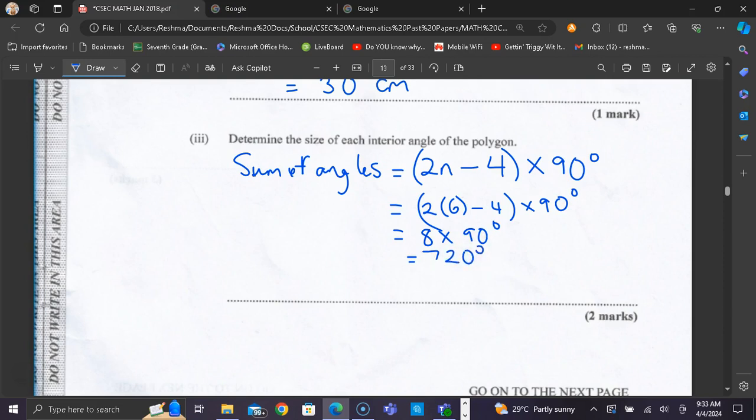Now, they asked for the size of each interior angle in the polygon. So we have to divide the sum of the angles by 6, since there are 6 sides in our hexagon. So 720 divided by 6 will give each interior angle to be 120 degrees.